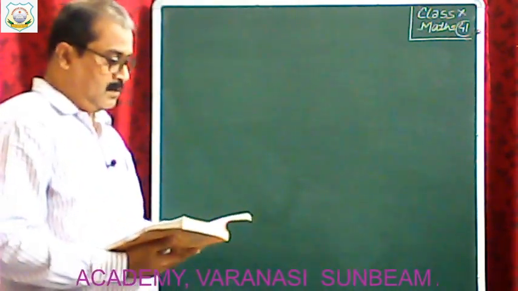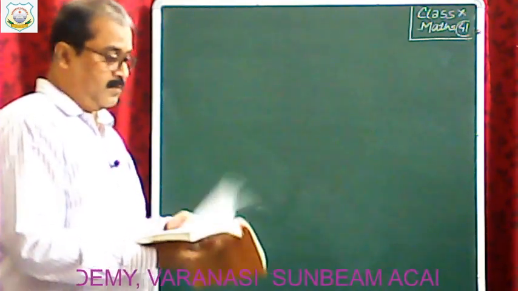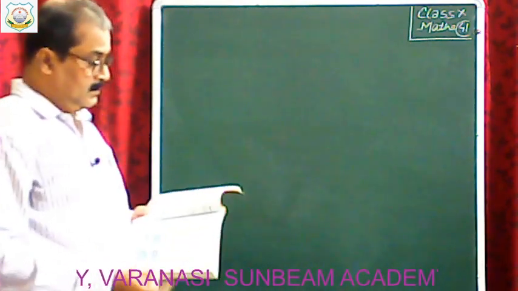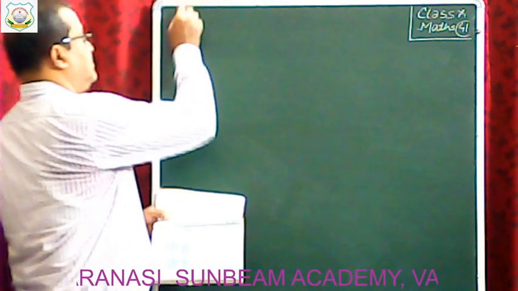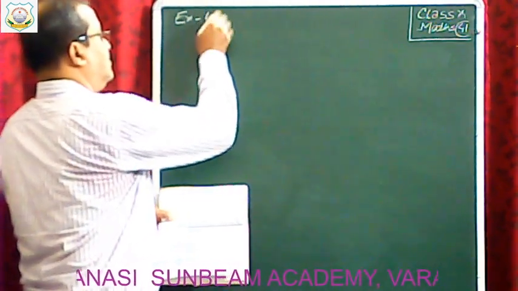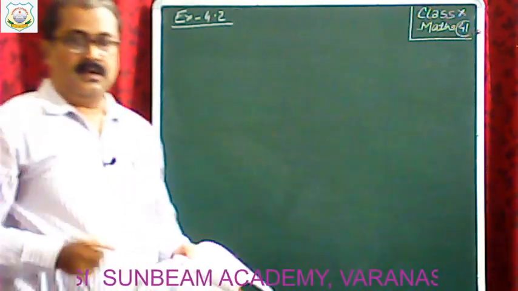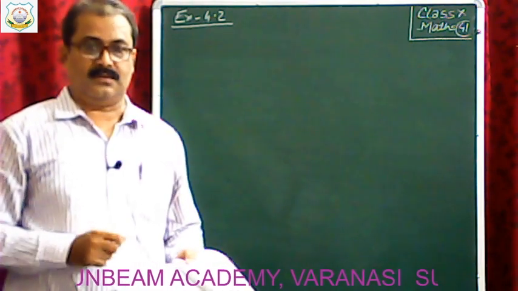Okay, this was given only in exercise 4.1. Now come to exercise 4.2, the concerned portions of 4.2 exercise. There are three methods to find out solution or roots of quadratic equations.